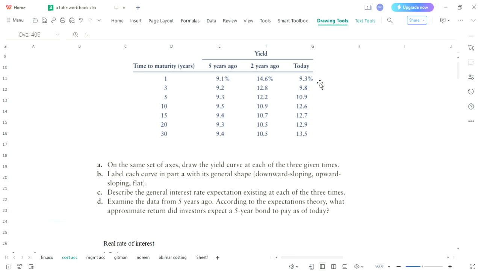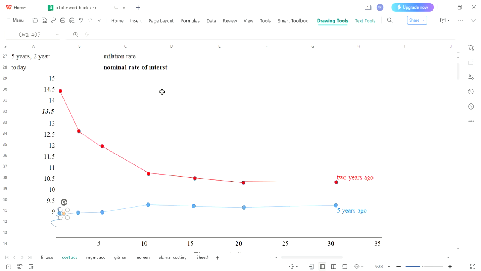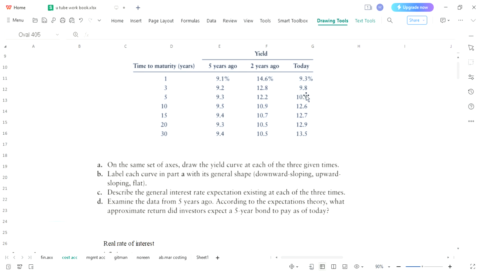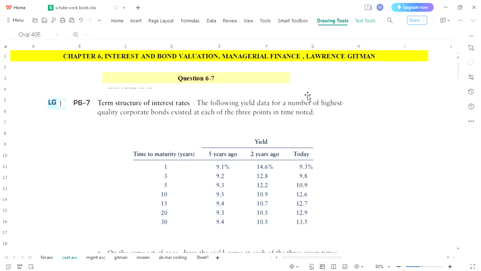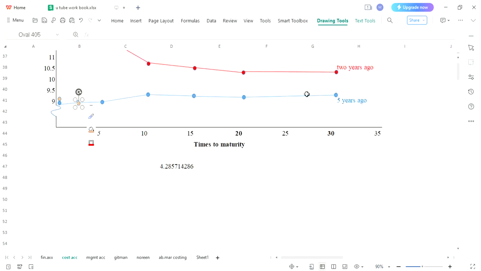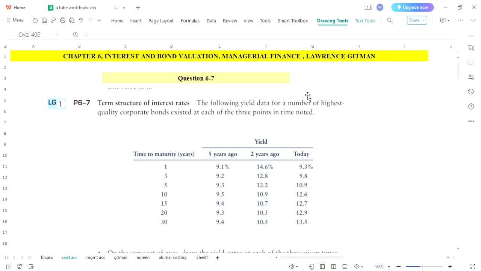Now let's go for the second. We need to go to 3 years, and this is 3 years. At 3 years you need to go to 9.8. 9.8 would be in between 9.5 and 10, below 10 but above 9.5, that means it's 9.8.